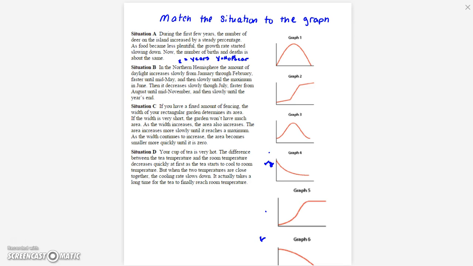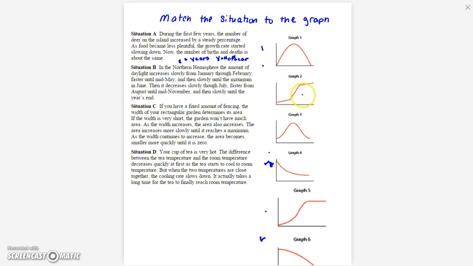Graph 1 looks like it is increasing quickly and then decreasing. And it doesn't say that the deer ever start to decrease. It says that they start to level off. So I'm going to say it's got to be graph 3 or graph 2 or graph 5.